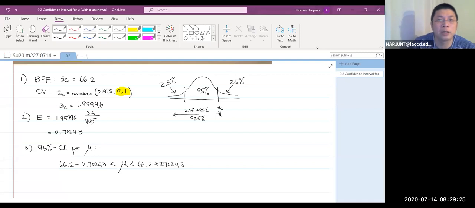Now here, for the critical value, we will use the z-score. The key is you need to know when to use the z-score: the critical value from the standard normal distribution. Once we know it comes from the standard normal distribution, then the mean and standard deviation must be 0 and 1 respectively.